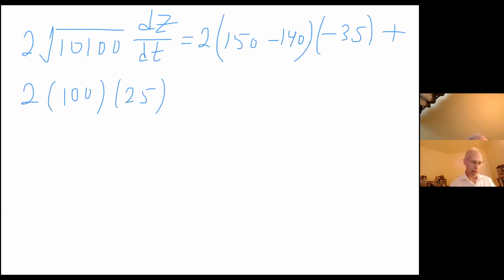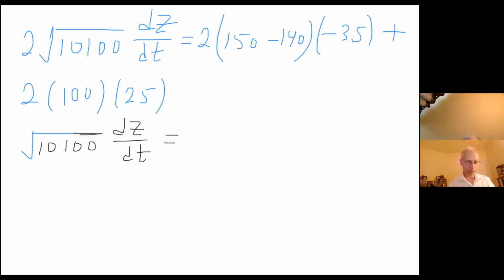Okay. And now I can divide both sides of this equation by 2. So if I do that, I'm going to have the square root of 10100 dz/dt equals 100 times 50 times minus 35, and that gives me 2 times 100 plus 25.